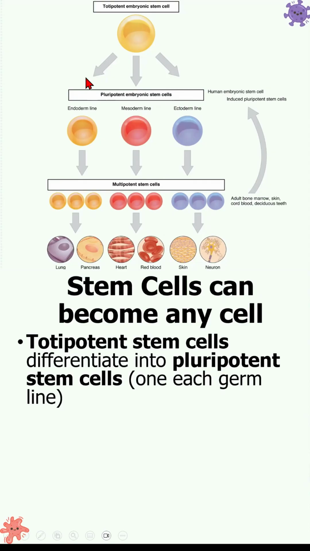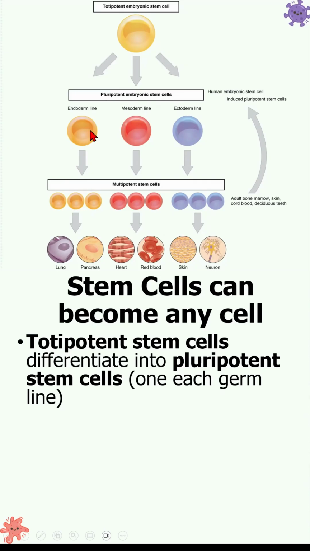So if you are a totipotent stem cell that has become an endoderm pluripotent stem cell, that means that you have now kind of committed to being one of the endoderm types of cells. So remember that the endoderm becomes things like the lungs or the pancreas, things of the digestive system. And so that means that an endoderm pluripotent stem cell could not then suddenly become a skin cell because that's for the ectoderms. And so you've kind of slowly differentiated.